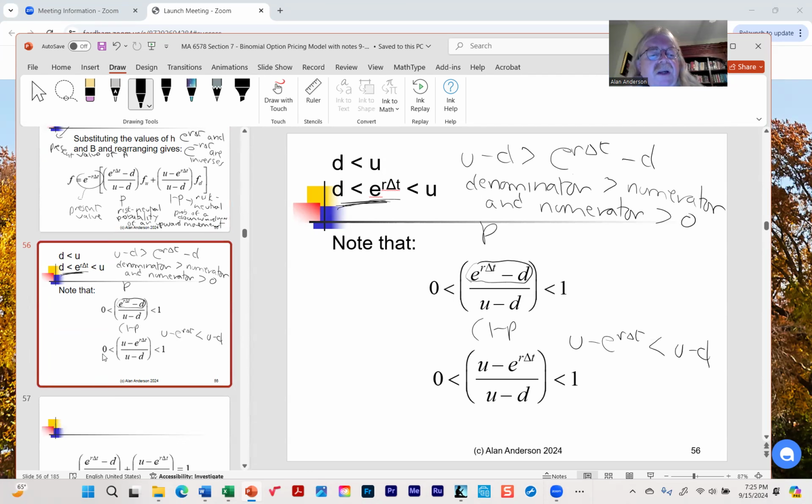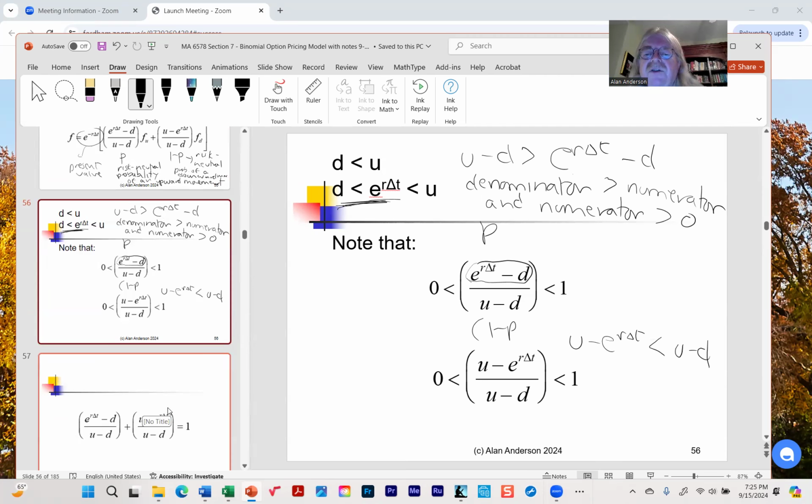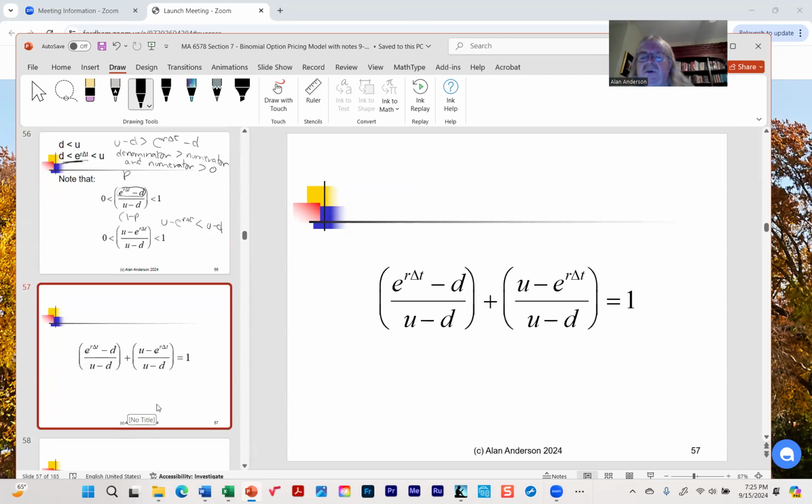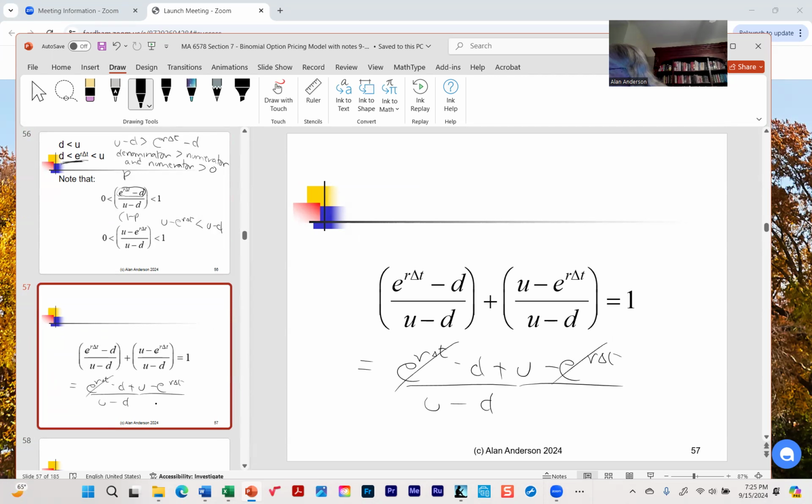In addition, algebraically, we can demonstrate that these two add up to 1. If you look carefully, you'll see they have a common denominator, which is nice. The e to the r delta t's cancel out, and we're simply left with 1. So yes, we can interpret these as probabilities.